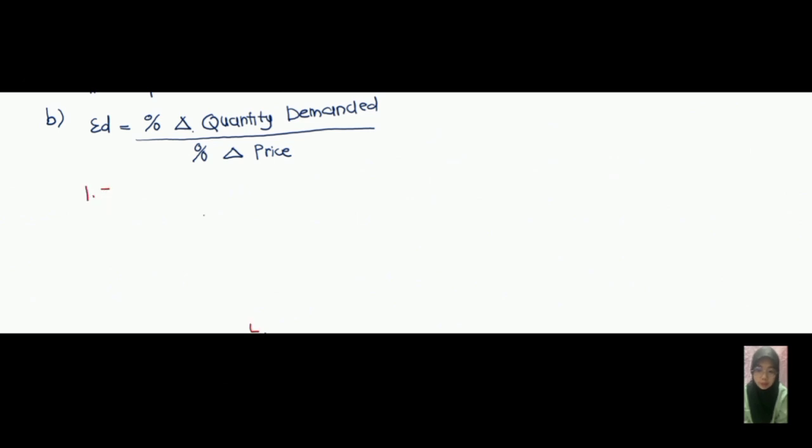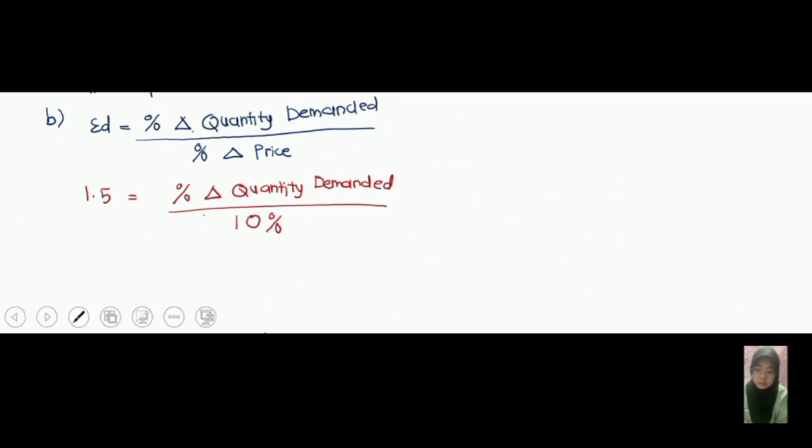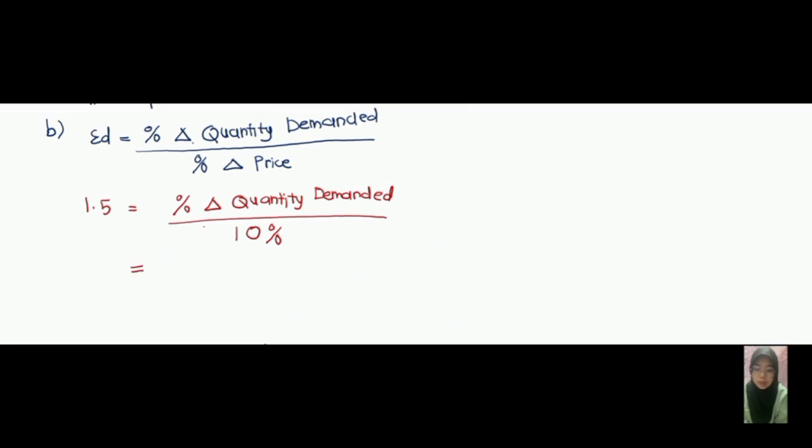Elastic demand, we get 1.5, equals percent change in quantity demanded divided by 10%. So we get 0.15. We multiply 0.15 by 100, so we get 50%.